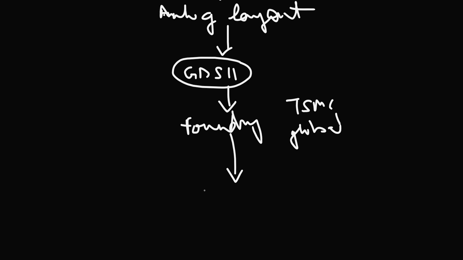Once the chip is manufactured, we do something called post silicon validation. So this is basically the flow of the entire VLSI flow. Thank you.